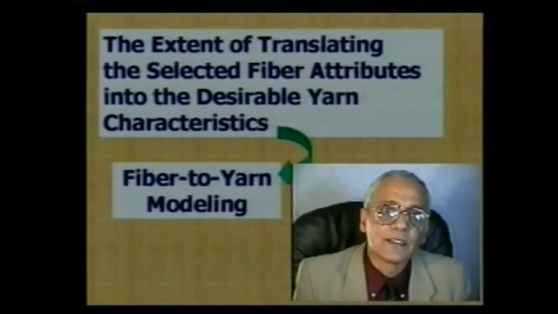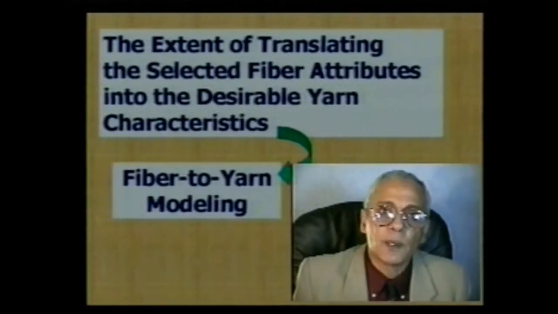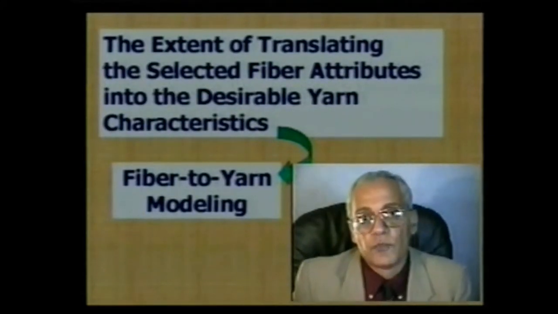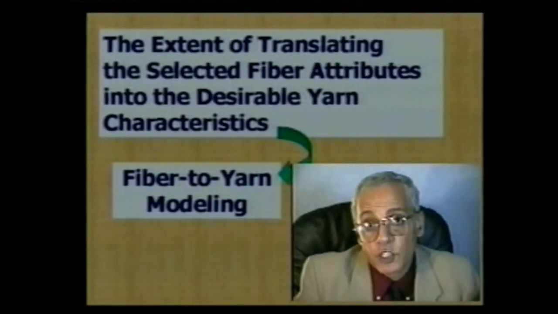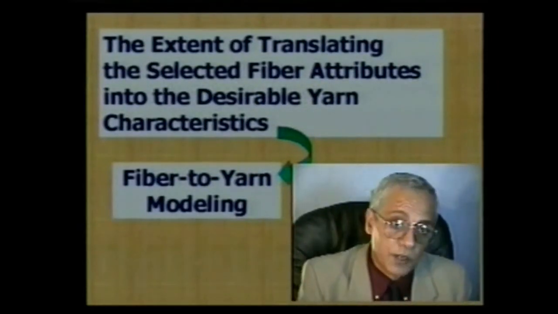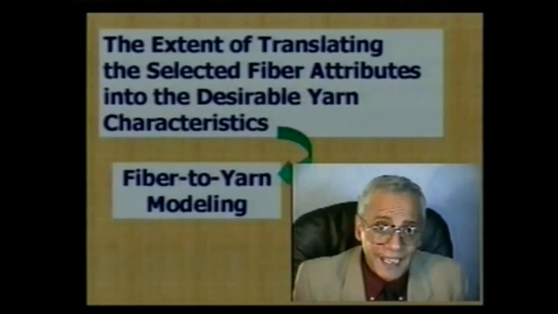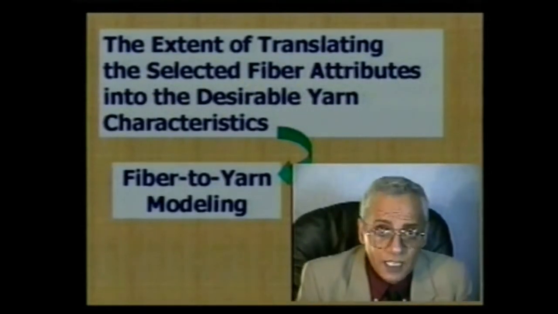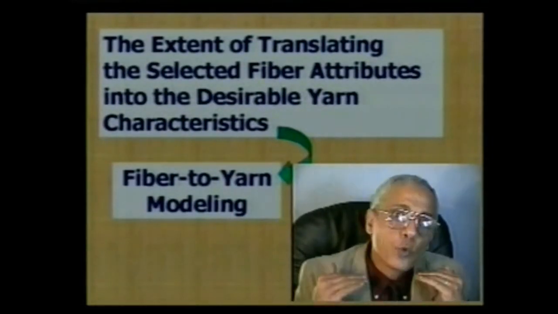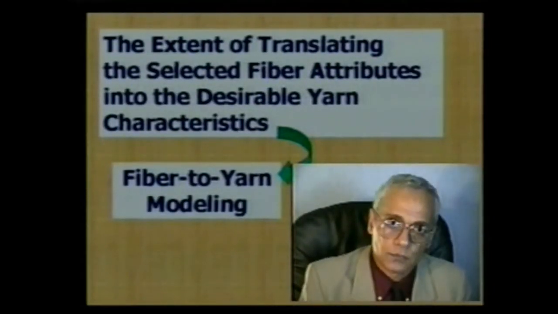And I'm not saying that these approaches are bad. Of course, many people who work in the spinning line, and in the fiber-to-yarn conversion system, have a great deal of experience, and they can easily determine what fibers are good for their yarn. But good and bad is not enough. We need to be extremely accurate on what levels of fiber attributes are required for our yarn.